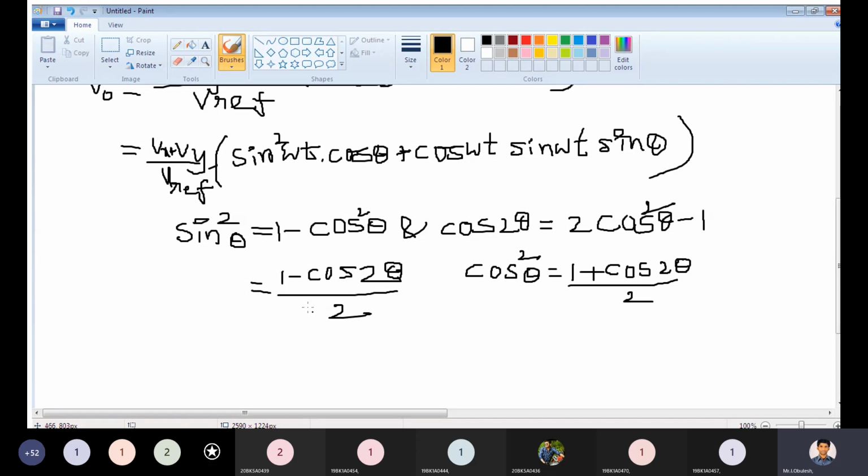This is the sin square theta, so instead of it I need to substitute 1 minus cos 2 theta by 2. Here omega t is the theta. Then simplify that and tell me.